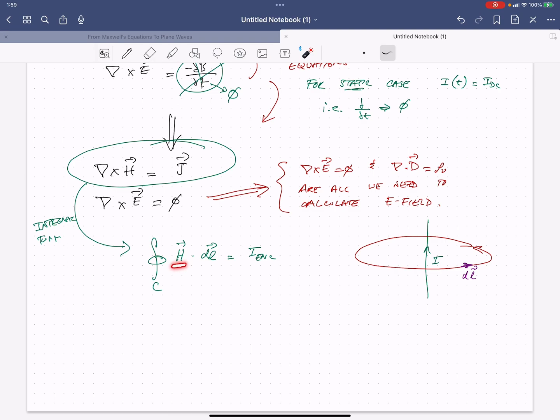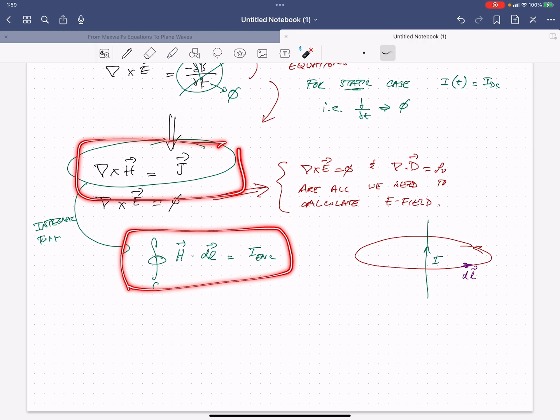So this is H, the magnetic field around that closed loop, over the whole closed loop. That's equal to all the currents that are enclosed. Okay, so that's the integral form of the same equation.